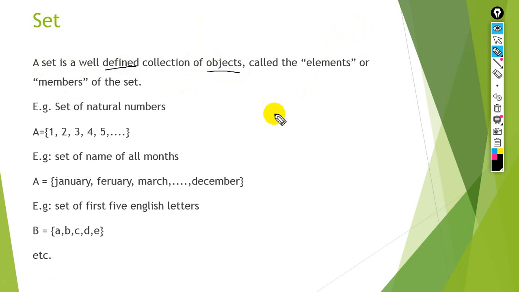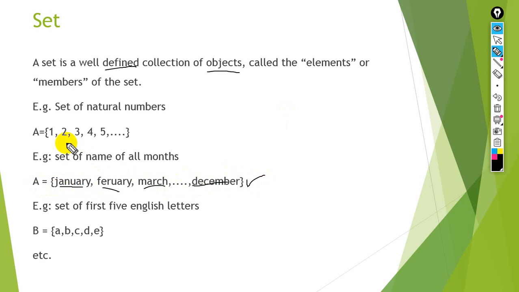For example, we can take a set of names of the months. In this set we will have the names of the months: January, February, March, April, May, up to December. Each object is well defined.